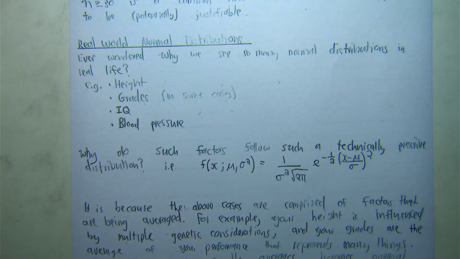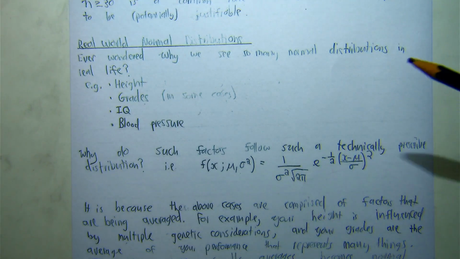Here's the probability density function of a normal distribution, which is quite hectic. So how do so many natural things have a probability density function that actually looks like this?